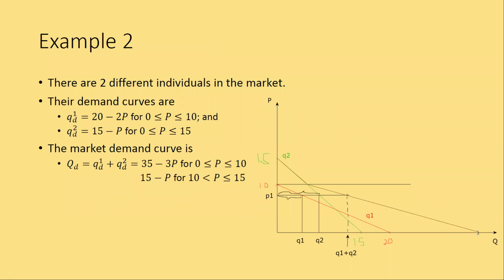So this intersection, the market demand curve, the intersection, we know that the value of it must be 35, right? Because when price is 0, individual 1 is going to consume 20 units of the good. Individual 2 is going to consume 15 units of the good. So the total amount of good consumed by both of them is going to be 35.